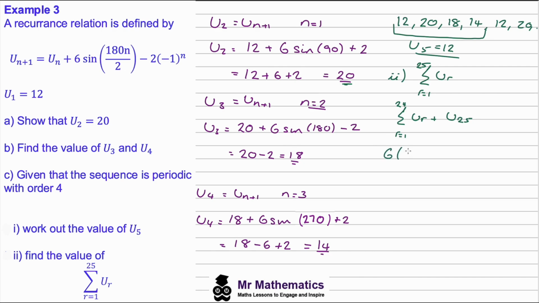So we'll have 6 multiplied by the 12, plus the 20, plus the 18, and the 14. And then we need to plus the 25th. But the 25th one will be the one at the 12. And then when you add up this bracket and you multiply it by 6, we get 384 plus this 12. So the sum of the first 25 terms will be 396. Okay?